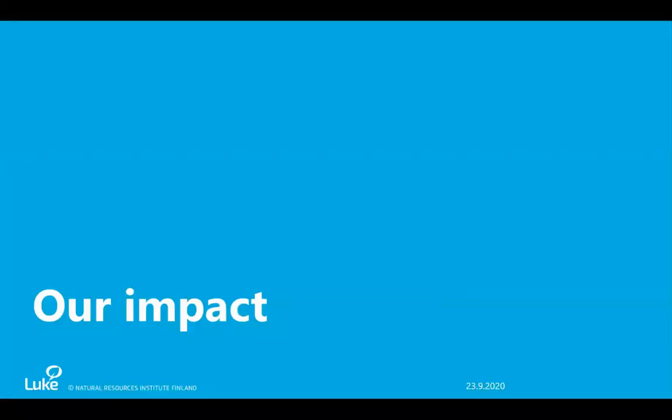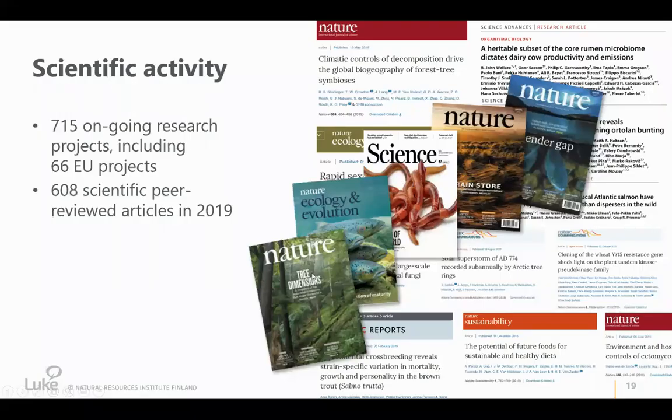And then the next few slides are on our impact, what kind of outputs we are able to generate in Luke. Altogether, we have about 700 ongoing research projects, and in 2019 we were able to produce 608 peer-reviewed articles, and some of them were in really top papers.